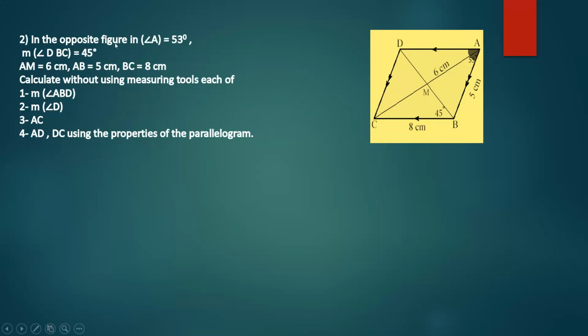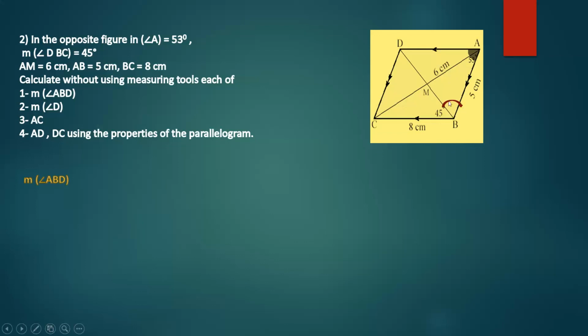Let's see this example in the opposite figure. Measure angle A is 53 degrees, measure angle DBC equals 45 degrees, AM equals 6, AB equals 5, and BC equals 8. Calculate, without using measuring tools, each of: measure angle ABD. Be careful, ABD, this angle.